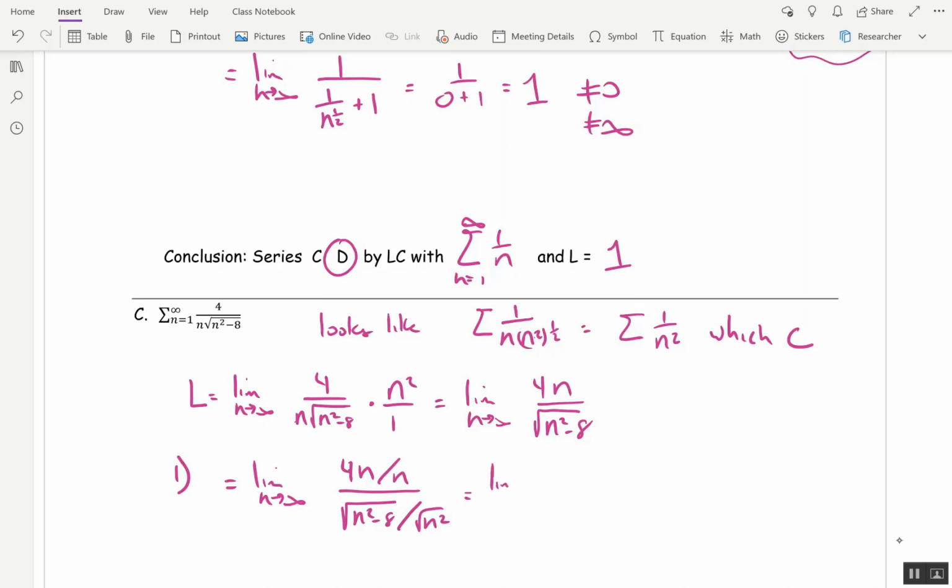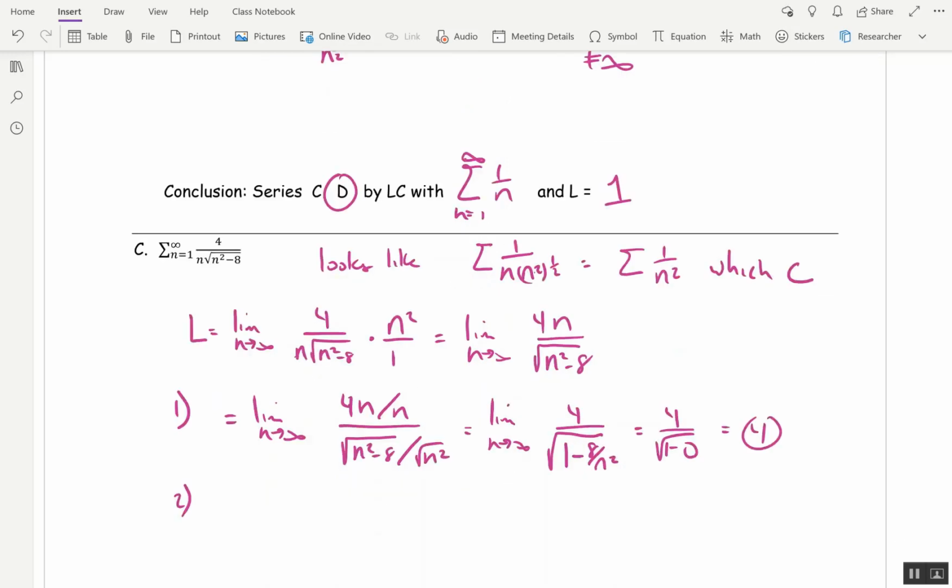So that's the limit as n goes to infinity, 4 over, now this is one big square root, divide each of these terms by n squared. So n squared over n squared is 1, and then I have 8 over n squared. Now I can take the limit, that's 4 over the square root of 1 minus 0, so I get 4.